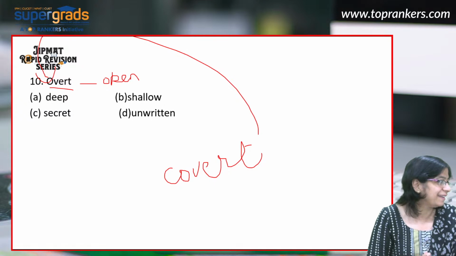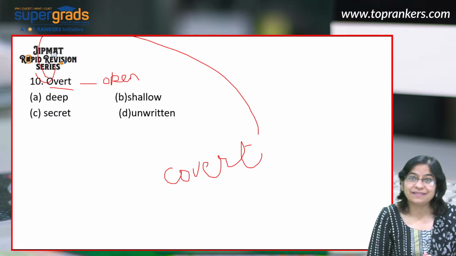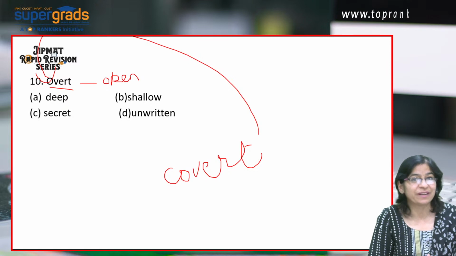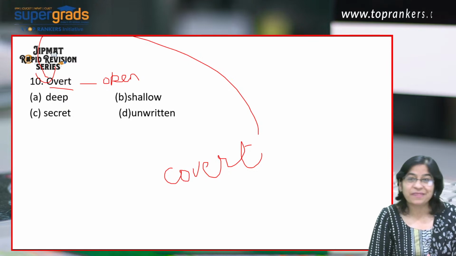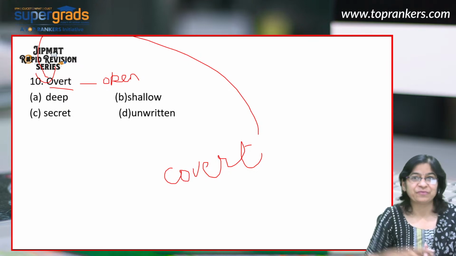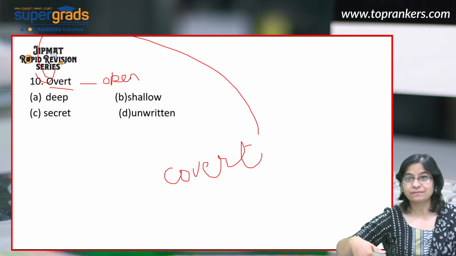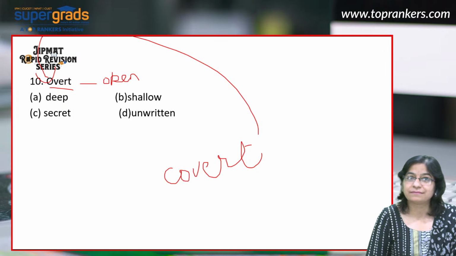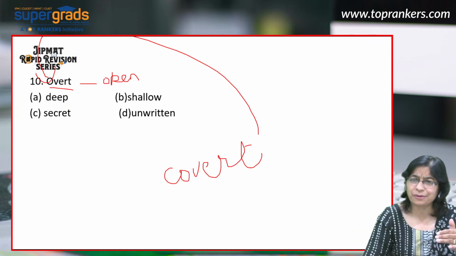Now let's see. All right, great, great. Good to see that. Now let's see. Can you answer this one? If overt is something that's not hidden, that's not concealed, it's open for everybody and anybody to know, what do you think is the opposite? Is it deep? Deep is something that goes on and on.